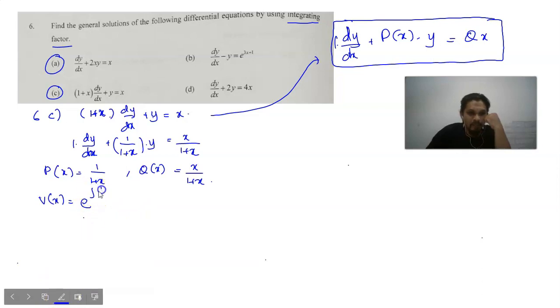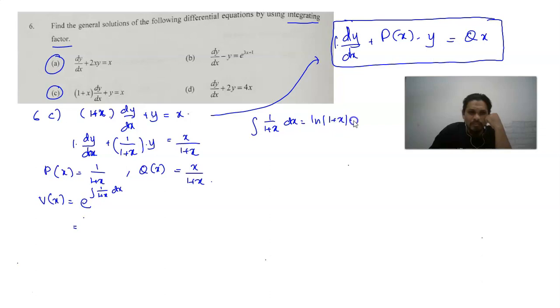The integral of 1 over 1 plus x dx equals natural log of 1 plus x plus c. You remember this? So we come up with e to the power of natural log of 1 plus x. The e and ln cancel each other, so you come up with 1 plus x. So now this V, the integrating factor, is 1 plus x.